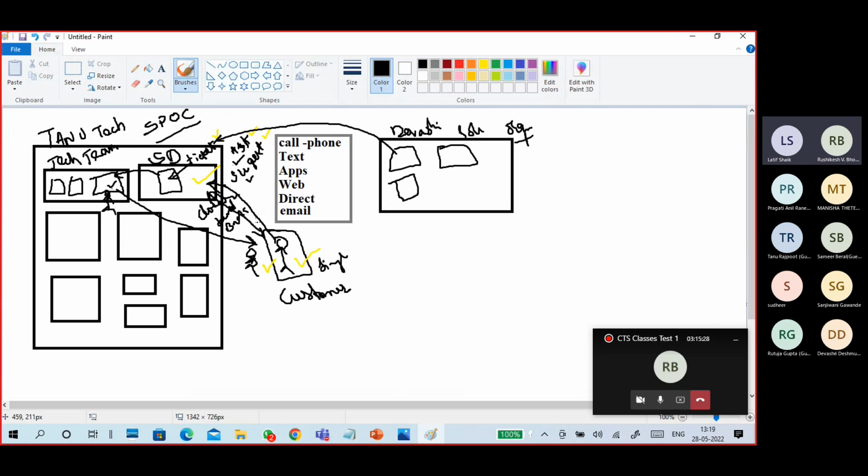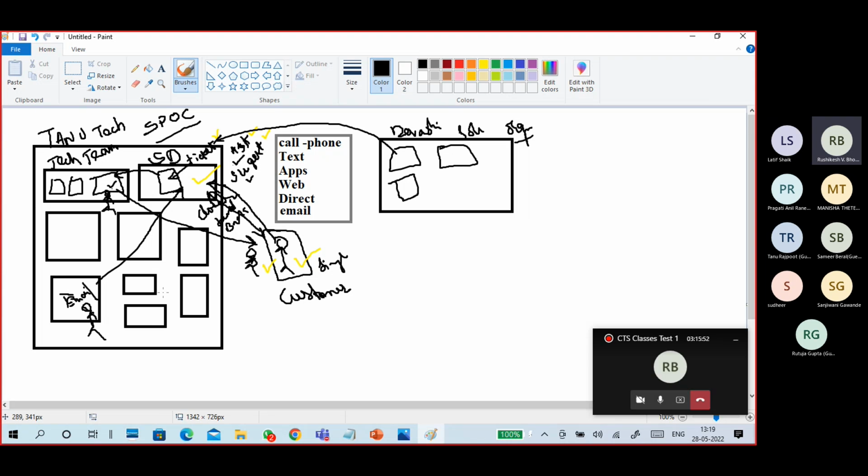Next point, same only. I'm working in my organization, working at my PC. I got a problem. For example, I forgot my password or I'm unable to access my emails. I approach the service desk.